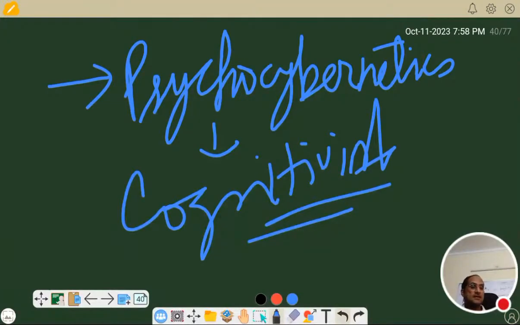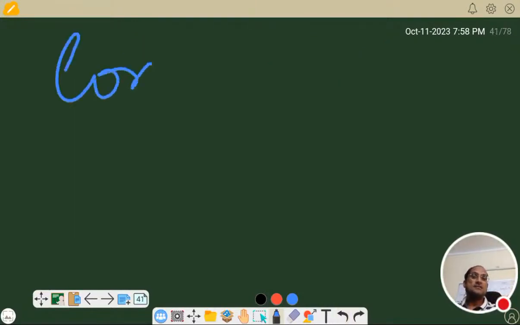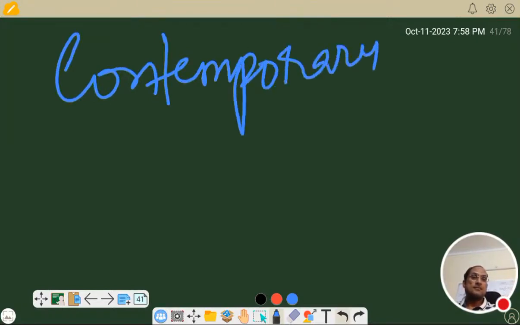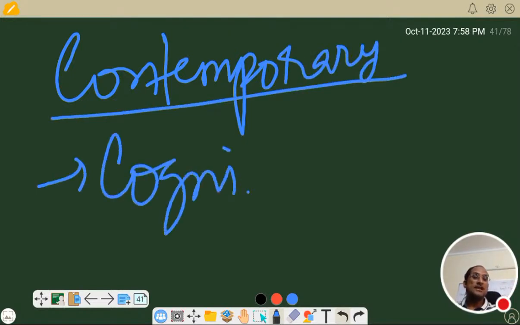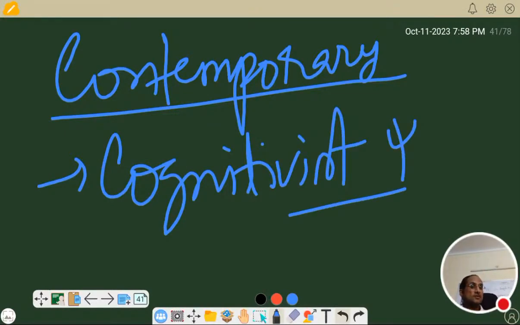So nowadays, the current psychological perspectives, the contemporary psychology is, apart from other perspective, one major perspective which is dominating the current perspective of psychology is cognitivist, cognitive psychology. You can name it either way. Cognitive psychology, developmental psychology, cross-cultural, socio-cultural, biological, evolutionary.